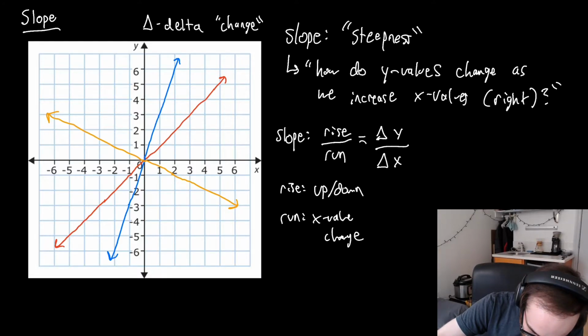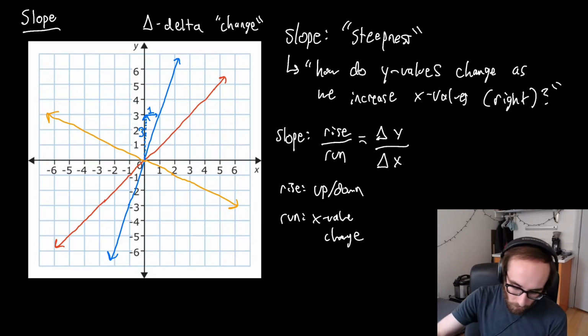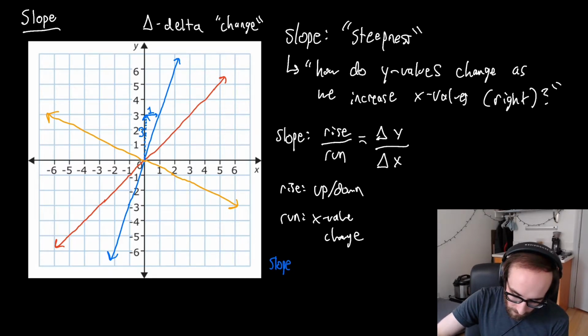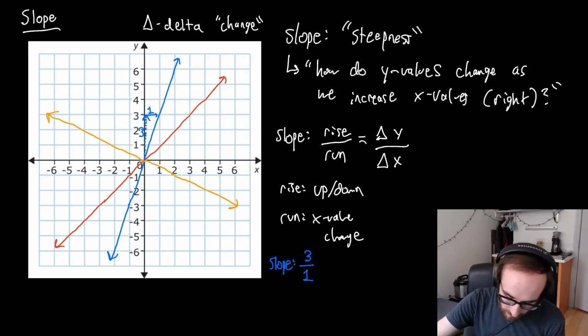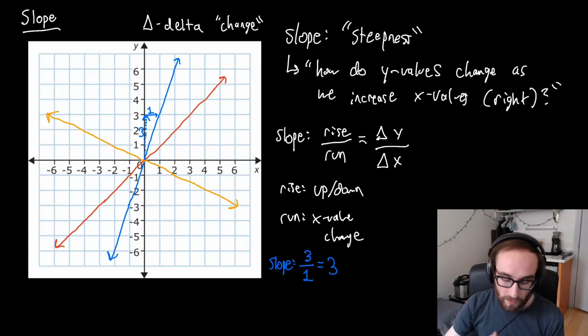So if we start at 0, 0, we end up going up 3, and then to the right 1. So for this blue line, our slope is going to be the change in y, which is 3, divided by the change in x, which is 1. So 3 over 1, which is just 3. So we have a slope of 3.